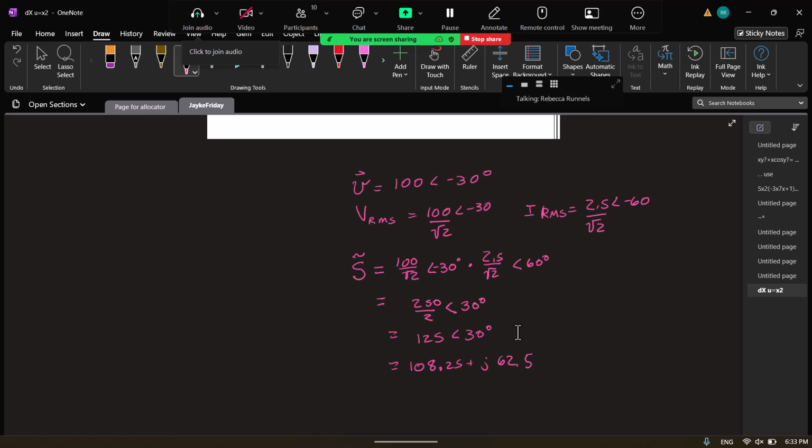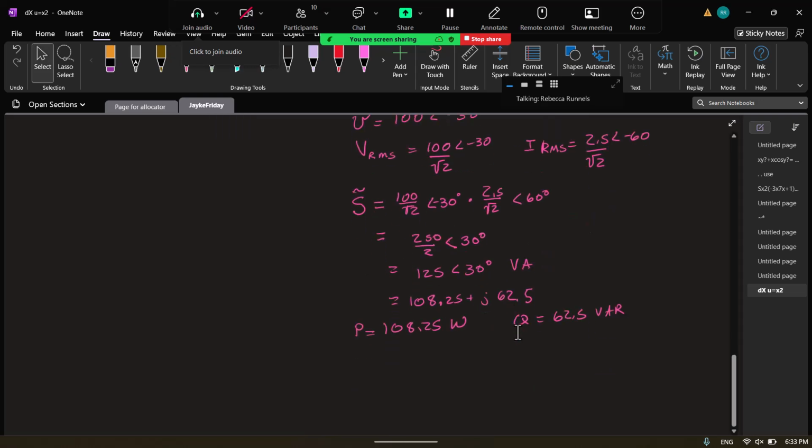And so once I have that, I know that this is VA, my real power is 108.25 watts, and my reactive power is 62.5 VAR.